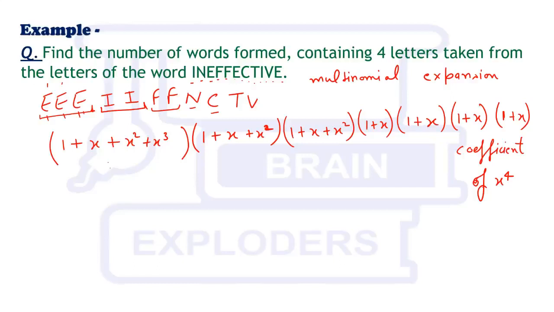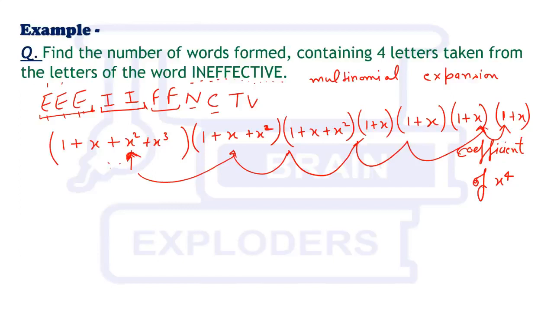For the coefficient of x raised to the power 4, if this x square is multiplied with x, and then with 1, then 1, then 1, then again x, and then again 1, in this way we have one of the terms which will contribute to the coefficient of x raised to the power 4. So here we will have x square, then multiplied by x, then 1, 1, then 1, then 1, 1, and in this way here also x. So we will find one of the terms which will contribute in x raised to the power 4.